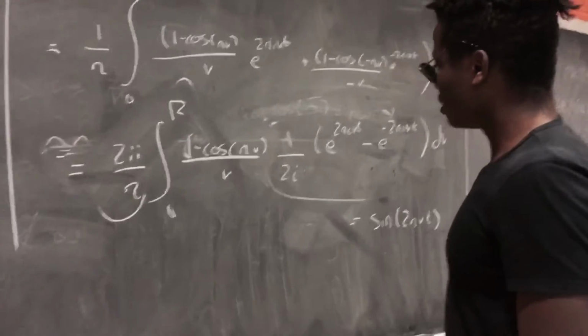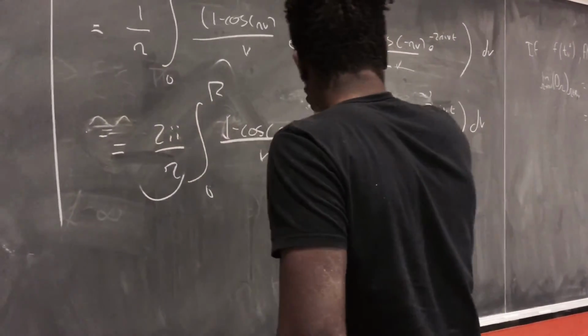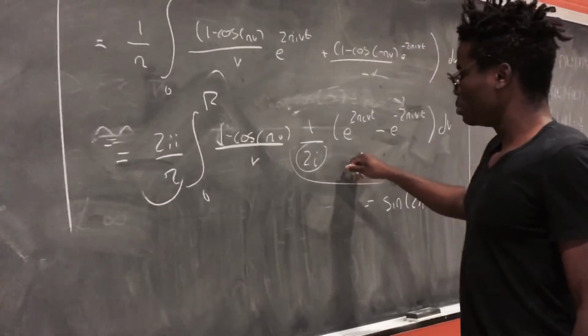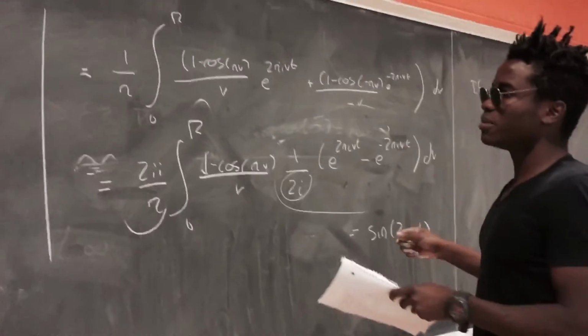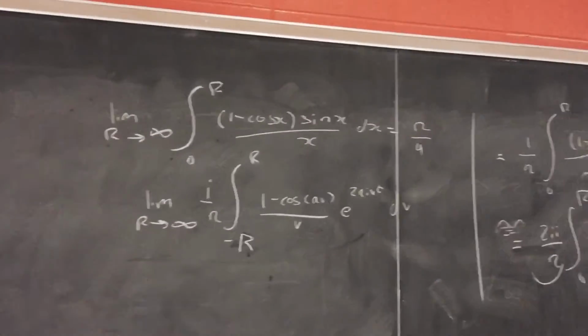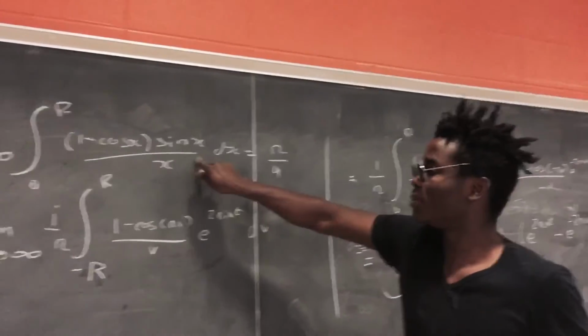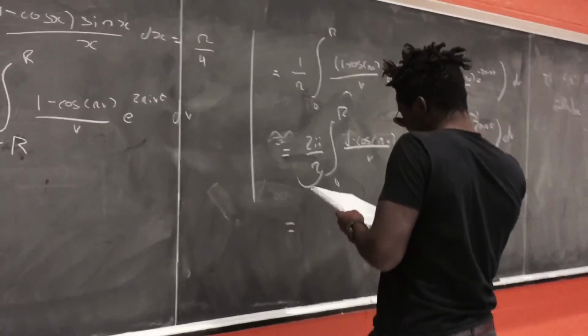So I basically multiplied and divided by 2i so that I can have this term, which I can equate to sine 2 pi vt, which makes life easier because we're slowly getting something that's closer and closer to what we want up here. So from here, we can say this.